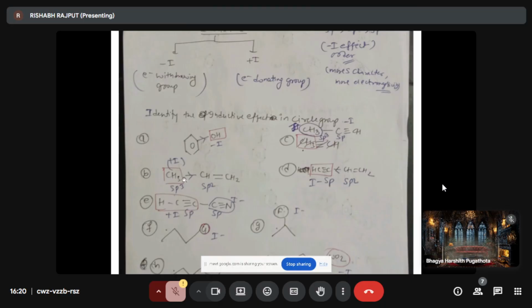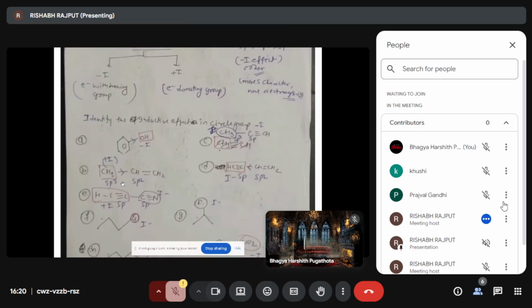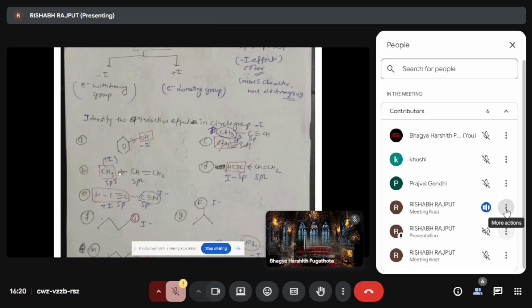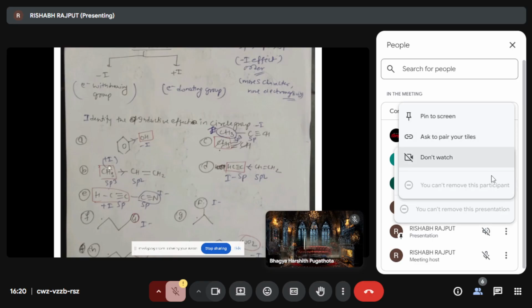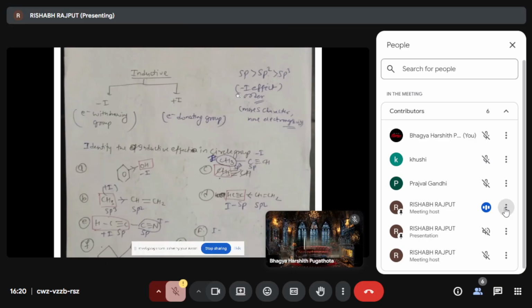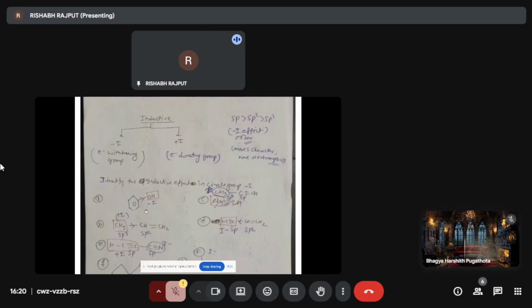I'm circling this carbon with the red pen: this carbon is sp2 hybridized and the other carbon is sp3. As I already told you, if you increase the s character, the minus I effect increases. So sp3 has the most plus I effect, and this CH3 alkyl group will show plus I effect compared to this CH, which has minus I effect.